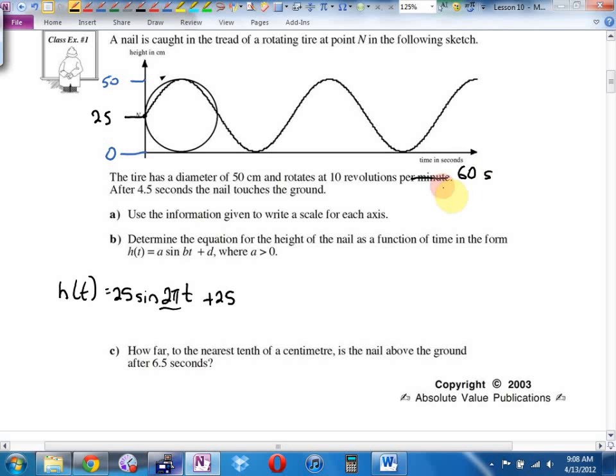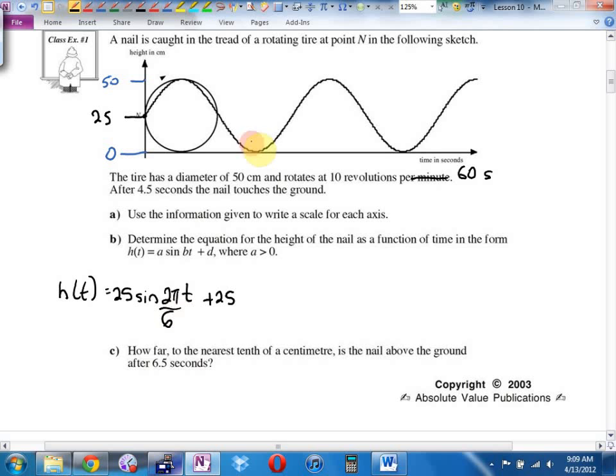By the way, I used seconds because I noticed up here it said time in seconds, yes? If it takes 60 seconds to go around 10 times, how long to go around once? Think about it. 6 seconds. The period is 6.